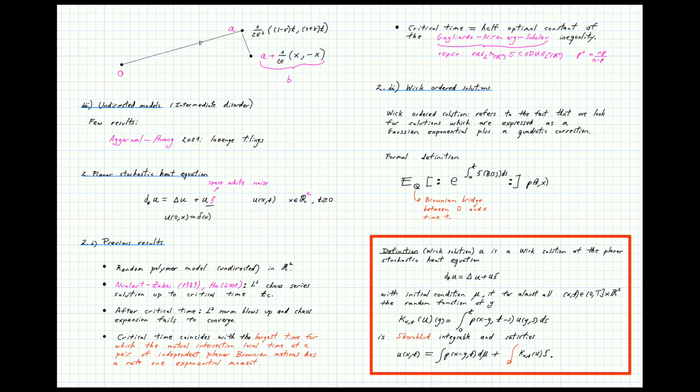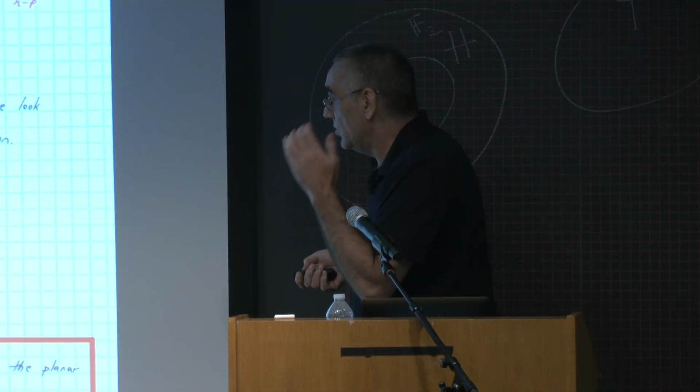Okay. So the thing is that essentially you have to think that when I write this exponential, I am really writing the exponential of the integral from 0 to t of psi minus something, and this something is what I call the renormalization. There is a limiting procedure behind this.